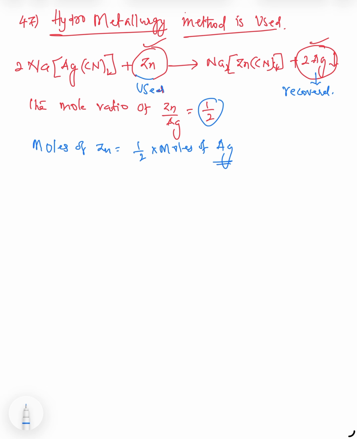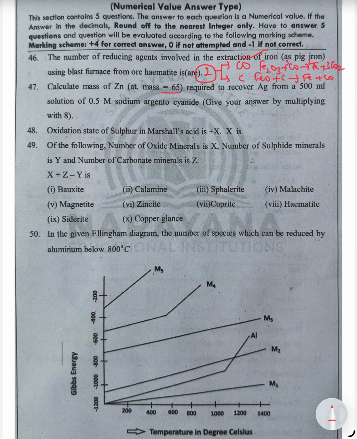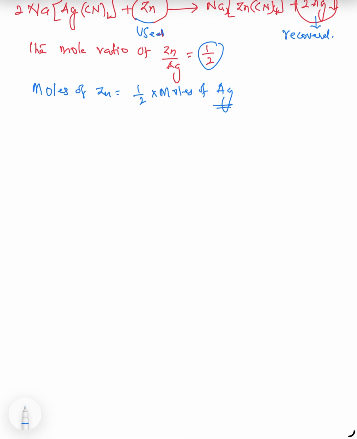In the question they have given 500 ml of a 0.5 molar solution of argentocyanide, right? So I'll write the concentration in terms of moles. What is the formula? Moles is equal to molarity into volume, in liters. Molarity is 0.5, volume is 500 ml, that is 0.5 liters only, which equals 0.25 moles.